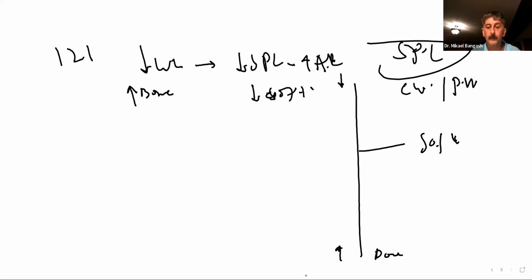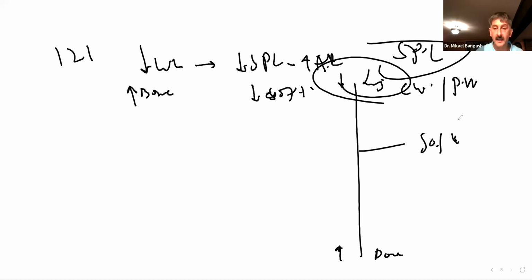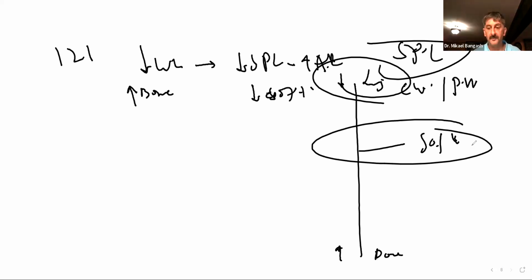Now, compared to soft tissue, the speed of an acoustic wave through lung is lesser than it is in soft tissue, because soft tissue has a greater speed.